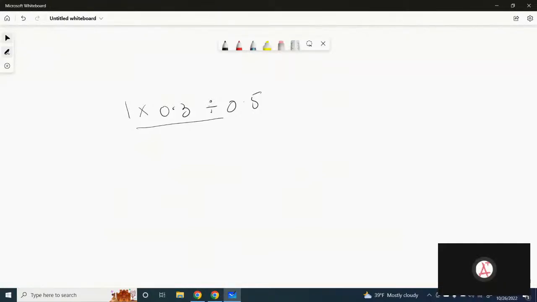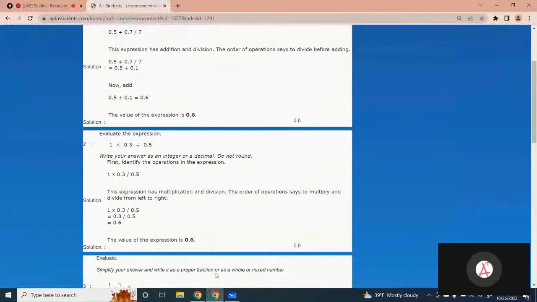So from the left to right, just do multiplication first. 0.3 times 1 is 0.3 and you have to divide it by 0.5. Got it? So 0.3 divided by 0.5 is, it would be 0.6. Got it?